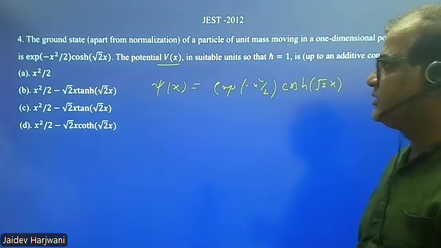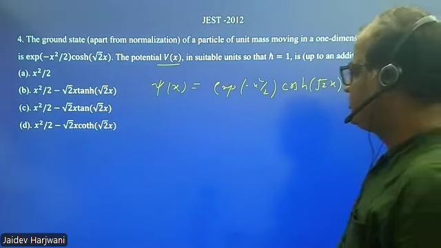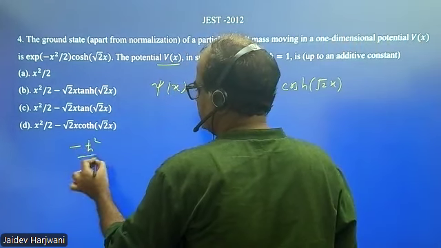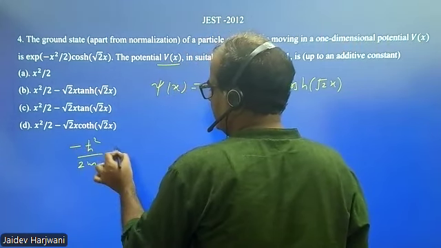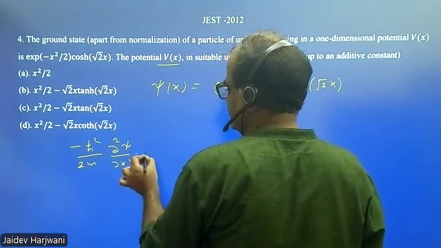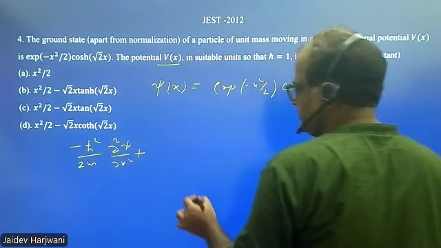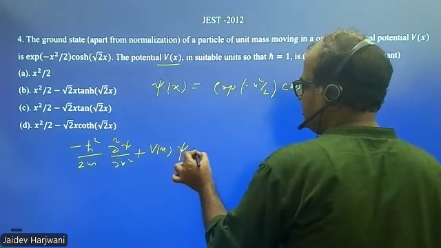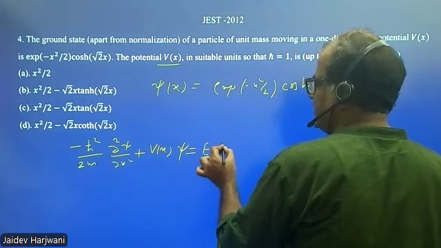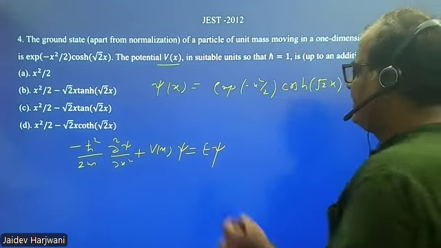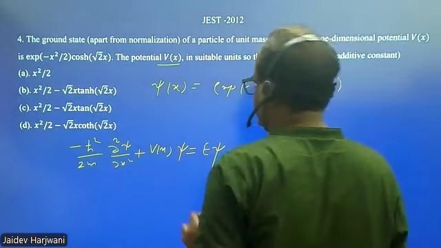So wave function is given, you want the potential, that means you have to use the one-dimensional Schrodinger equation. You have minus h cross square by 2m del 2 psi upon del x square plus V x psi, kinetic energy plus potential energy, equal to total energy E psi. So we can find V x from this equation.